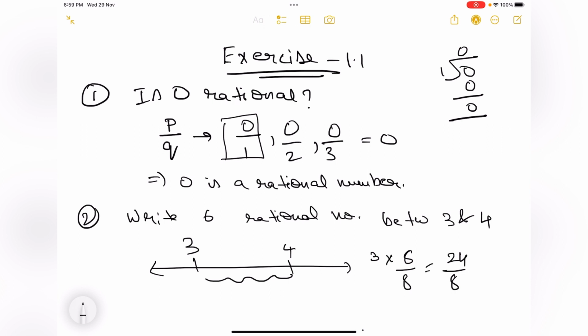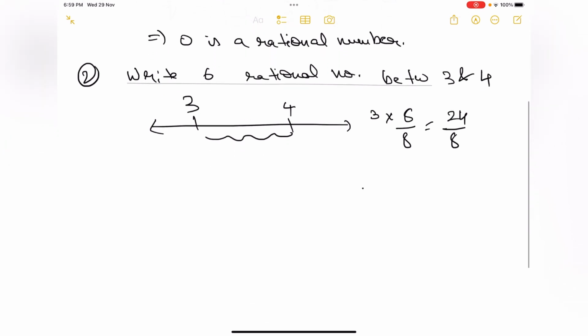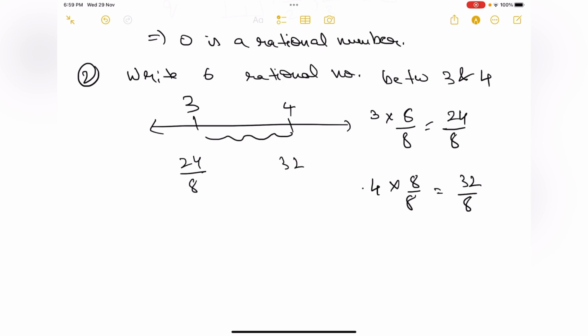Let us do the same for 4 into 8 by 8, which is 32 by 8. So this is 24 by 8 and this is 32 by 8.